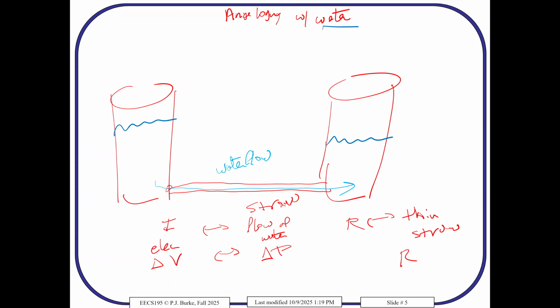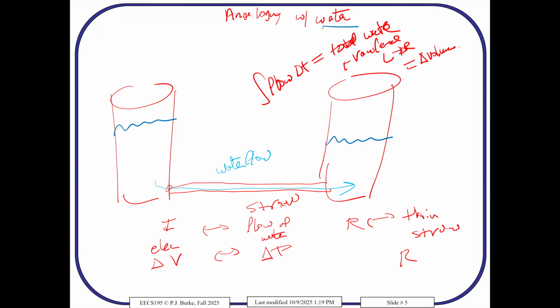or all at once or little by little. So it's the integral of the flow dt, which is the total water that is transferred from left to right, okay? So when that integral equals the difference in the volume, then you're done.